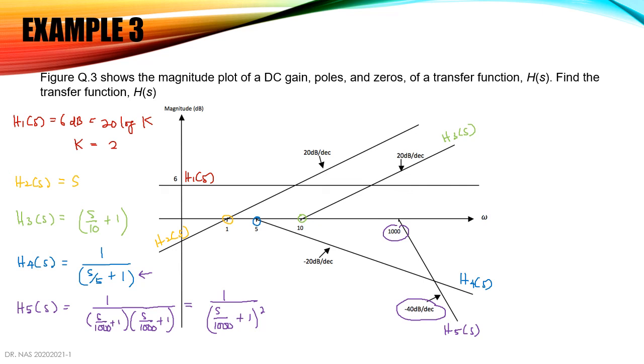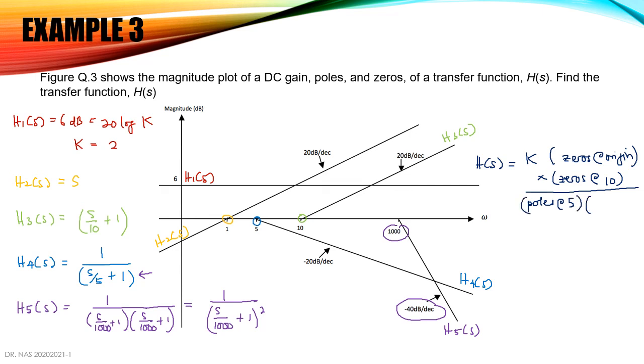In this case, H(s) equals the constant K multiplied with the zero at origin, multiplied with the zero at 10, divided by the pole at 5, and the pole at 1000 to the power of 2.